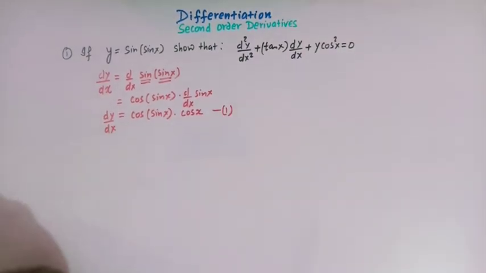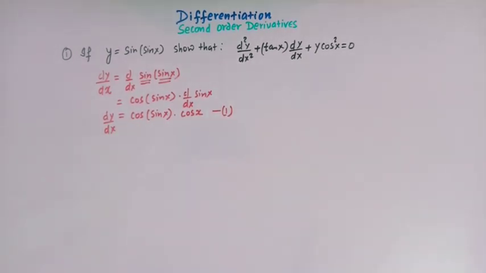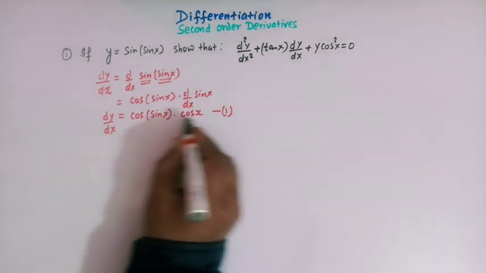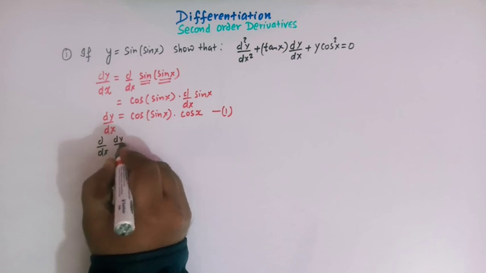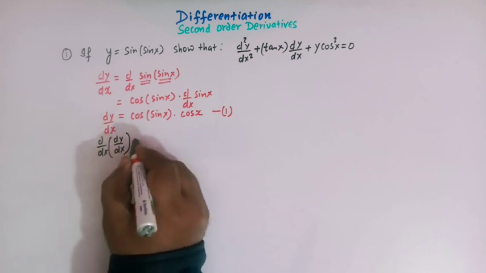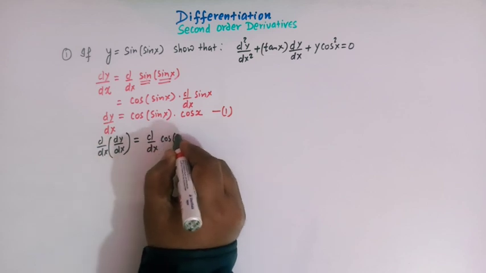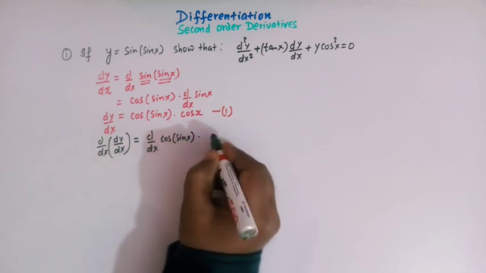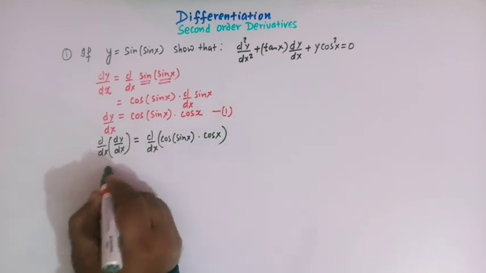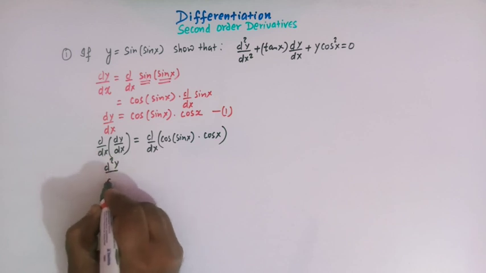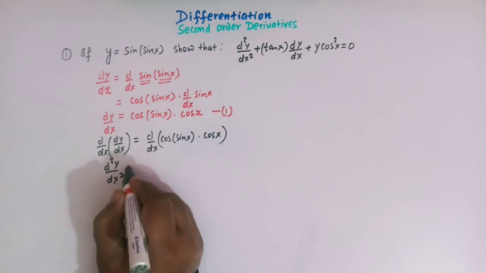Now let us find the second derivative. For the second derivative, we will differentiate both sides with respect to x. So we have here d2y over dx2 equal to d by dx of cos of sine x times cos x, that is the second derivative of y with respect to x.